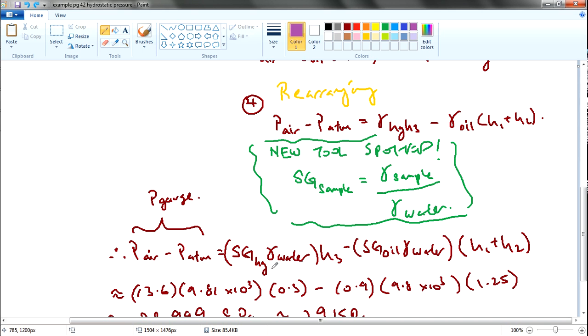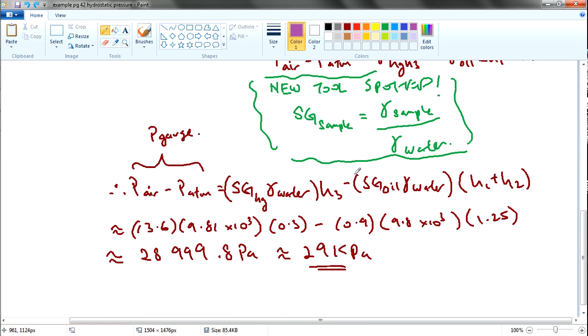So this is SG, the specific gravity of the mercury, because this is Hg. Maybe I should write down over here. The specific gravity of mercury is equal to the specific weight of mercury over the specific weight of water. So you just bring it up to describe this equation over here. This is what I just sub in there. So similarly for oil also.